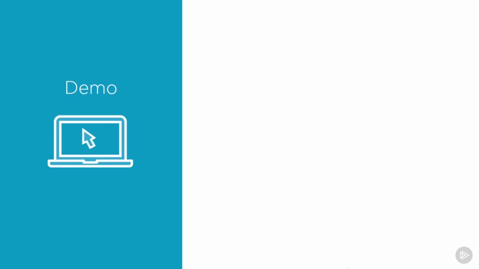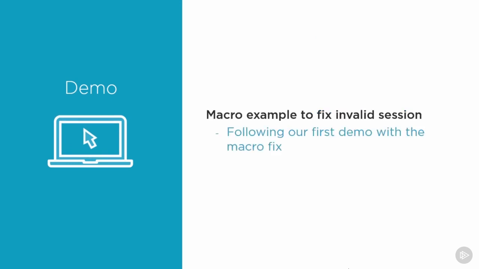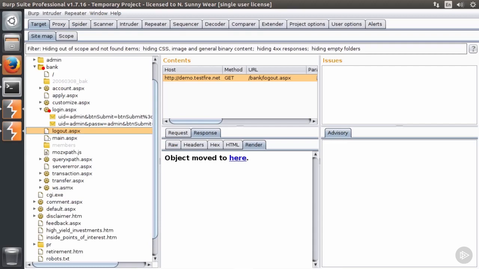So continuing our invalid session scenario we saw in our first demo, let's see how a macro can fix this problem. Where we last left off, Spider had logged us out. We did not have a valid session any longer to remain in the application, and we are prompted to go back to the login screen.